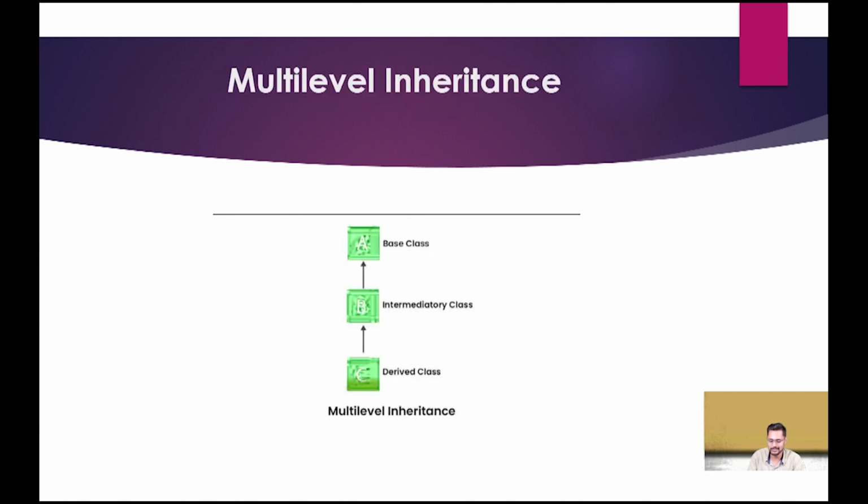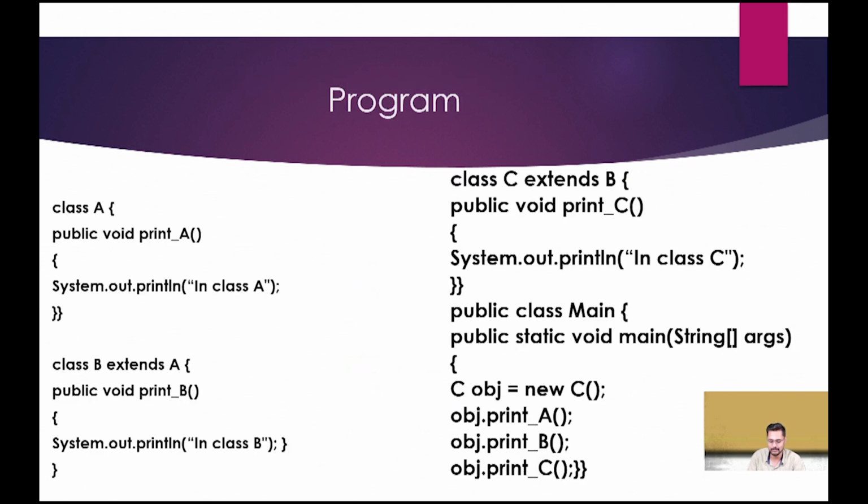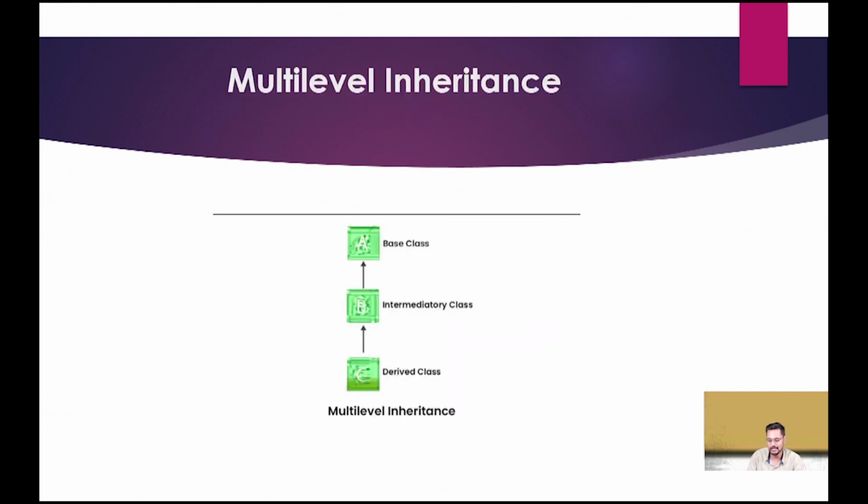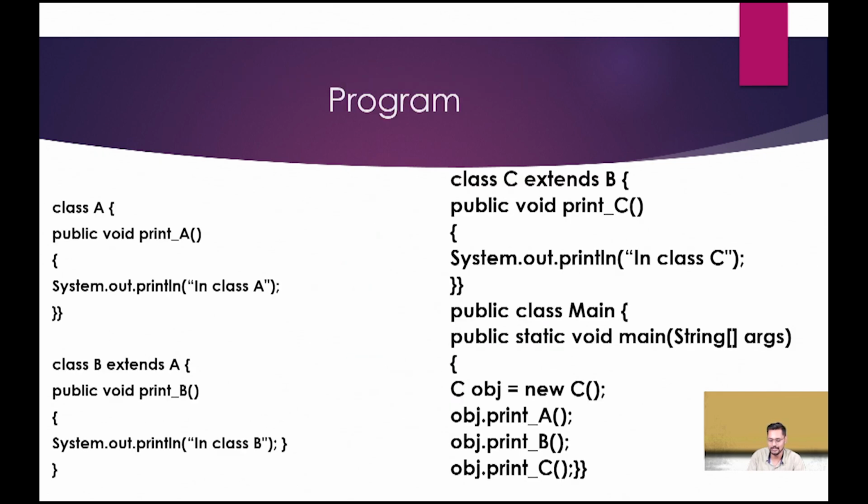And after that you can see that B extends A, and it is clearly given in this program that class B extends A, right? And C extends B, and it is clearly visible that class C extends B, right?